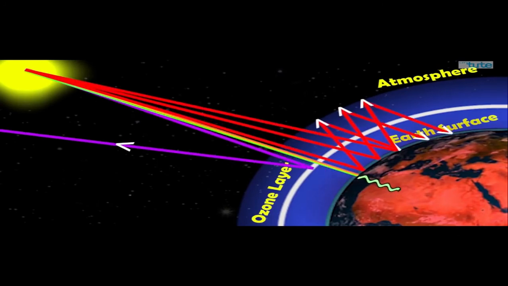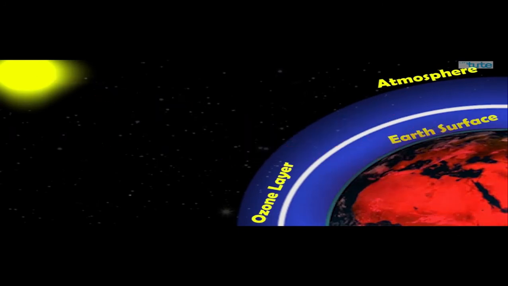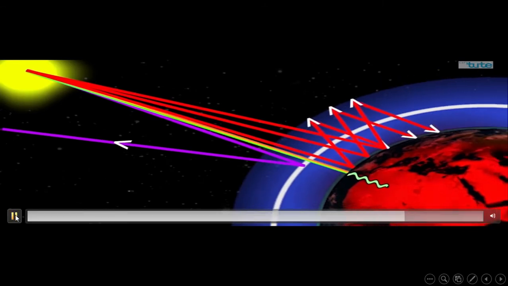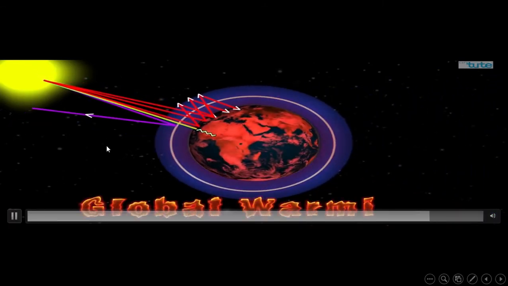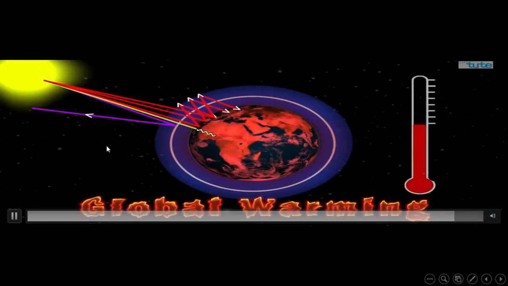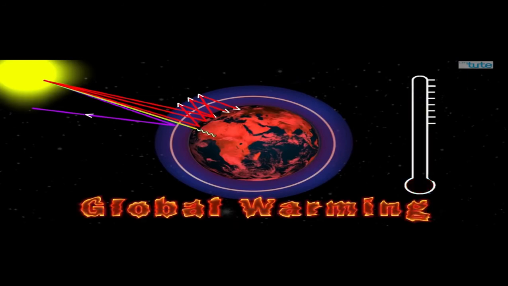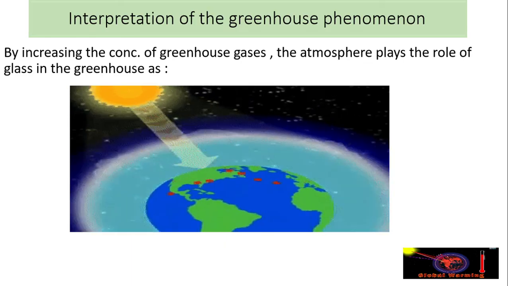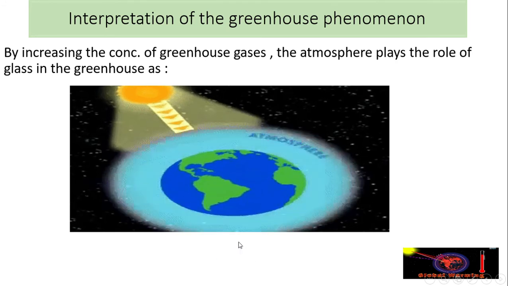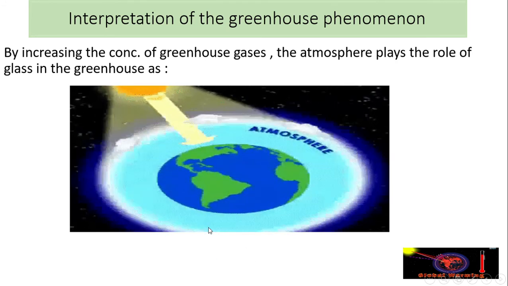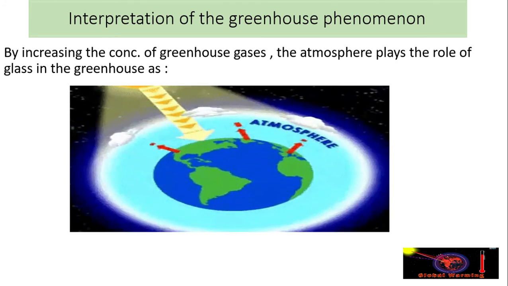They trap too much heat, and this excess of greenhouse effect results in global warming, which is an increase in the Earth's average temperature.